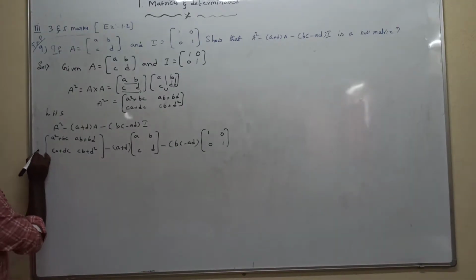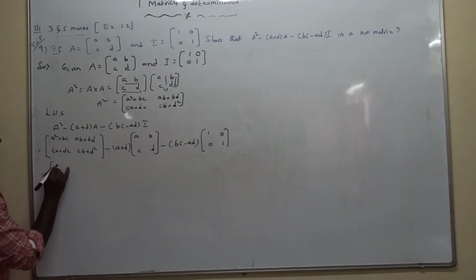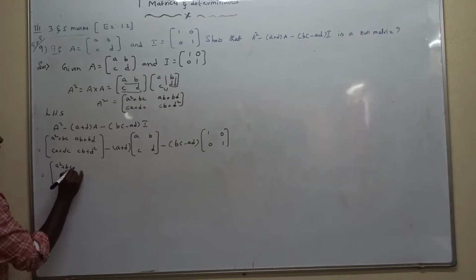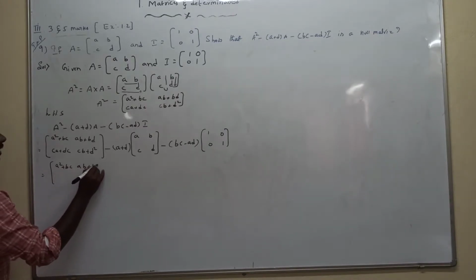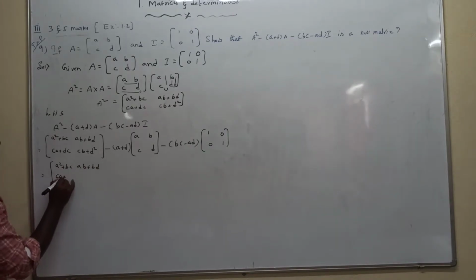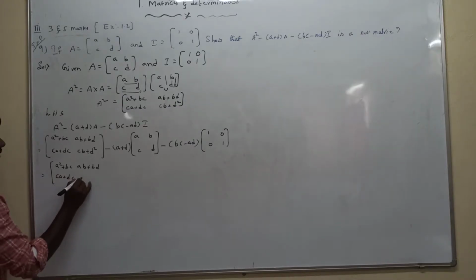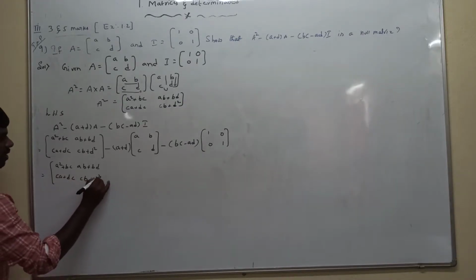Simplify this matrix. This one we write as it is: a square plus bc, ab plus bd, and ca plus dc or cd, cb plus d square.